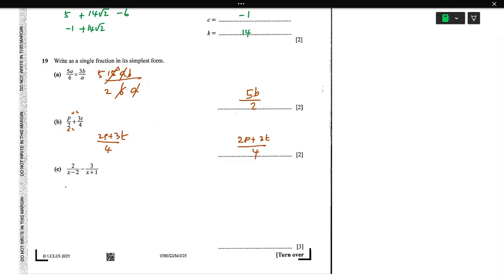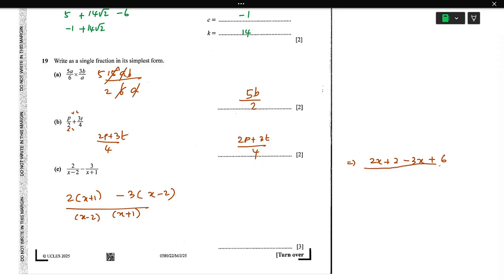Okay, so C, I'll cross multiply because I'm going to make the same denominator, 2 into x plus 1 minus 3 into x minus 2 over x minus 2 and x plus 1. So when I do the top, I'll expand 2x plus 2 minus 3x minus 3 times minus 2, which is plus 6.